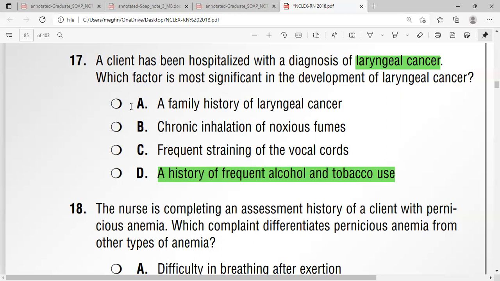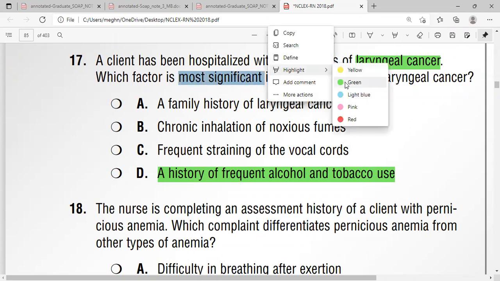Number A, number B, and number C are also factors in the development of laryngeal cancer, but they are not the most significant, because the question said most significant, right?